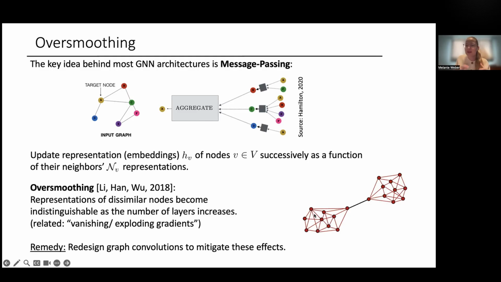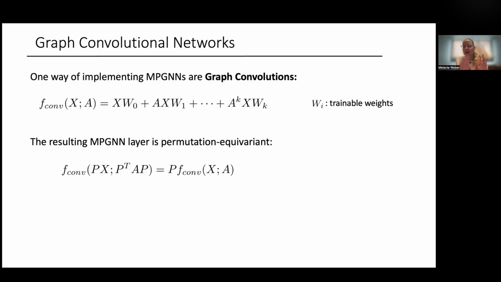Because the information that we keep aggregating is very similar. And if we keep aggregating the same information, any distinguishing information that was there in the input is getting lost. So this is this effect of oversmoothing. And unfortunately, by the very design of message passing, this is an effect that's really hard to avoid, at least with the standard way of how message passing graph neural networks are implemented.